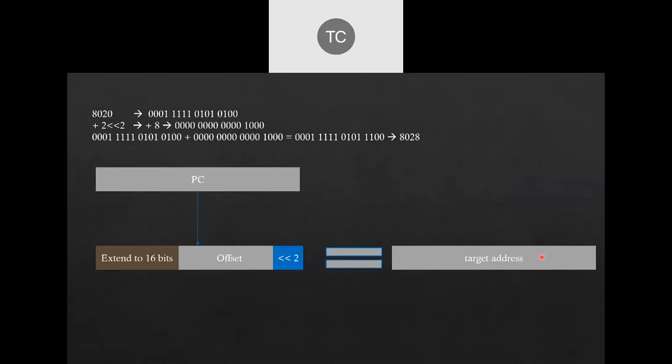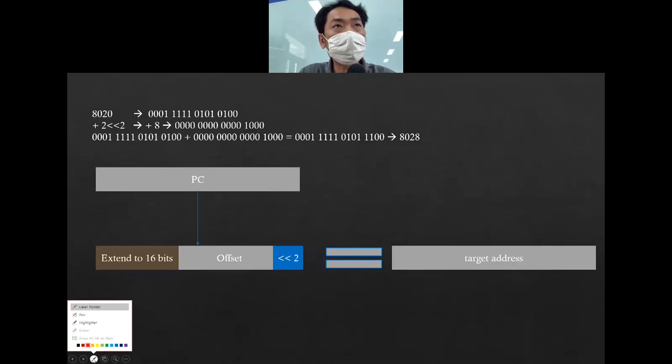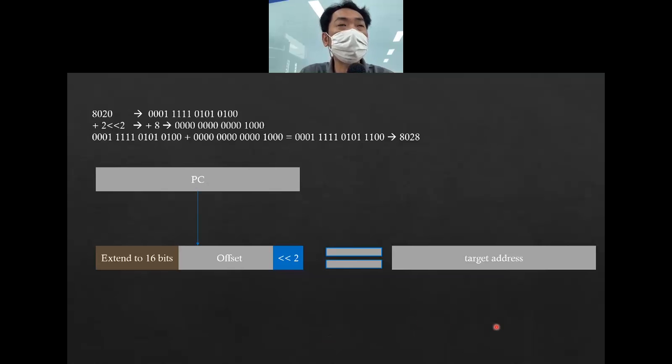Okay, this is excellent. Does everyone understand how to convert the label into the immediate? You have to understand this, because when you run the code, the operating system will handle how to change the label into the final immediate.